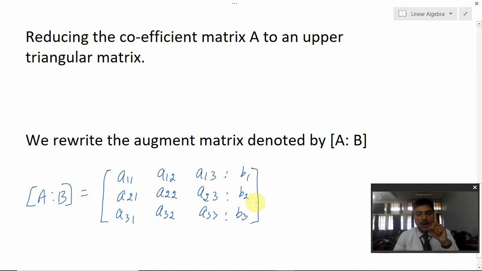The first step you have to write it down. Remember this. You have to write the augmented matrix. This is the first step in the Gauss elimination method.